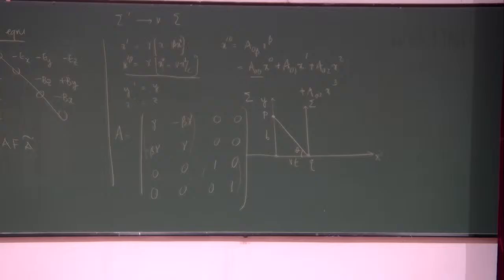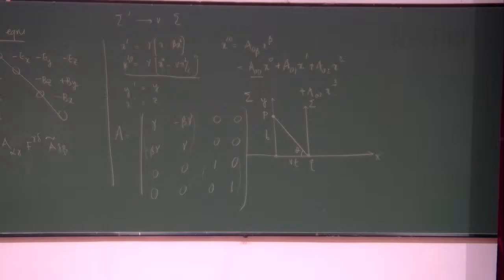What is F prime 0, 1? Let's put some indices here. Alpha, beta: F prime alpha beta is A alpha gamma F gamma delta A transpose delta beta, right? So A 0 gamma F gamma delta A transpose delta 1.